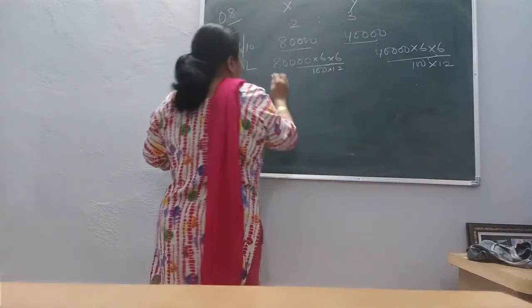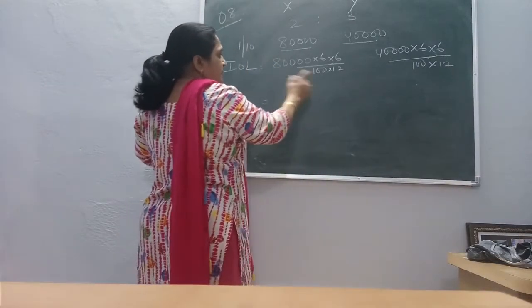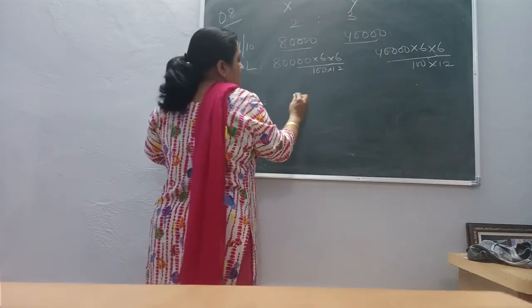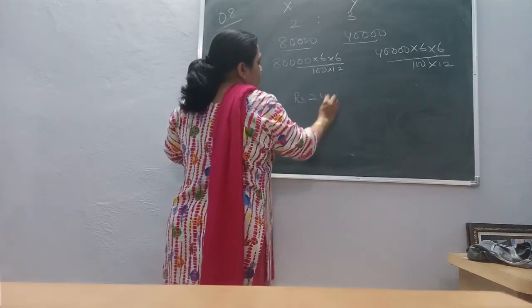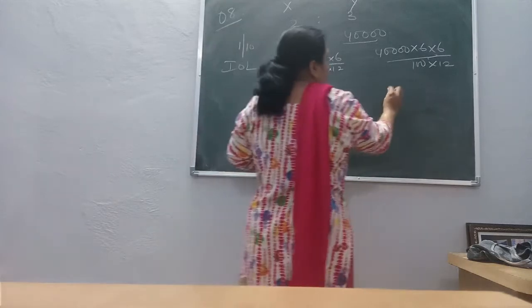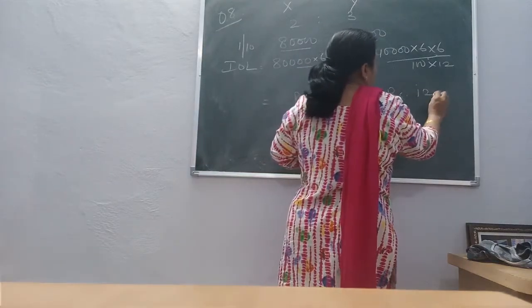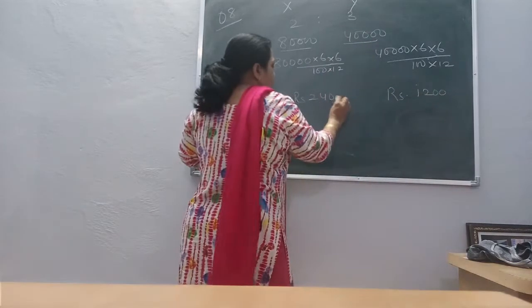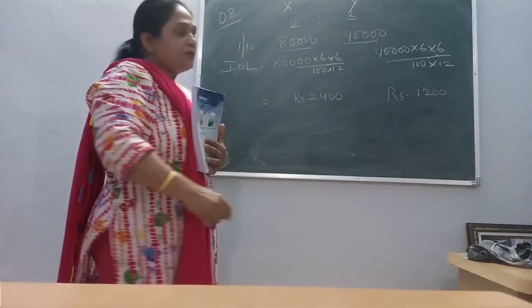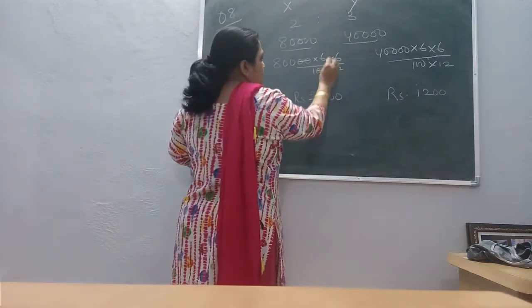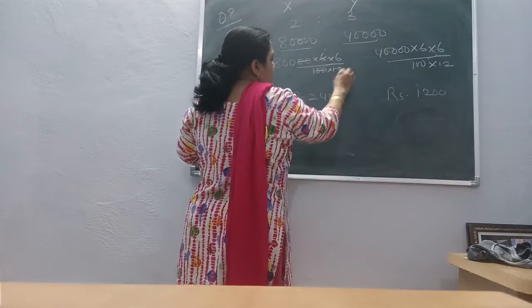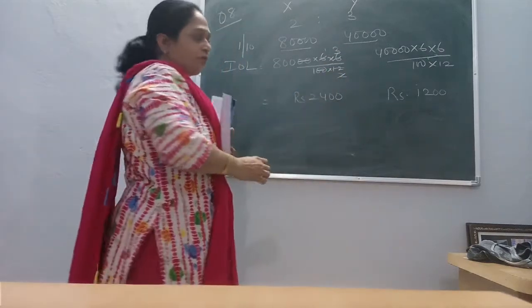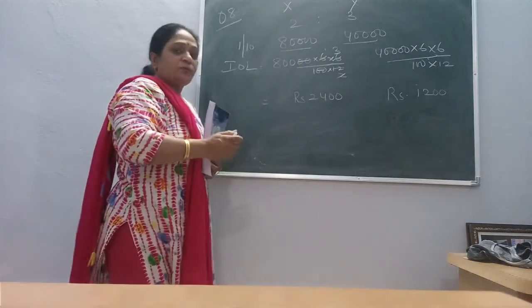So you will be calculating this: 2,400 and 1,200. See this, 8 threes are 24, so 2,400 and 1,200. Accordingly, interest on loan is to be provided.